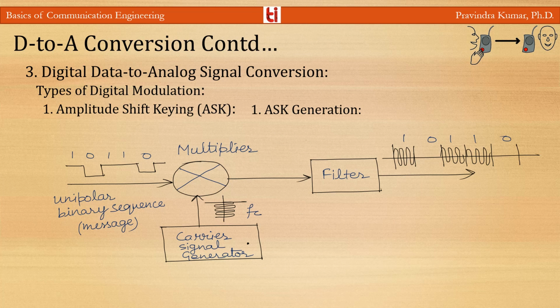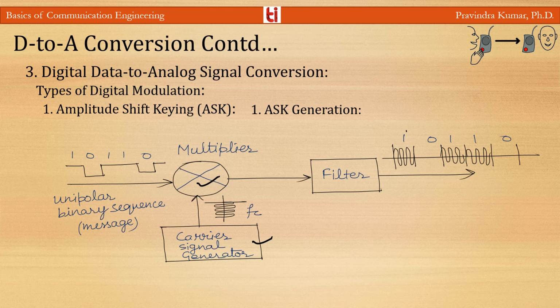Now, ASK generation. The ASK modulator block diagram consists of a carrier signal generator, the binary sequences from the message signal, and the band limiting filter. The carrier generator sends a continuous high frequency carrier. The binary sequence from the message signal makes the unipolar input either high or low, and the multiplier multiplies these, or you can say there is a switch, and the high signal 1 closes the switch, allowing the carrier signal to pass through, and the output will be the carrier signal at the high input 1.